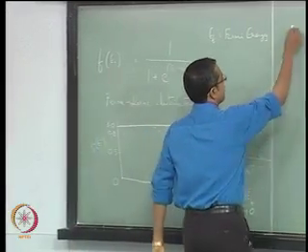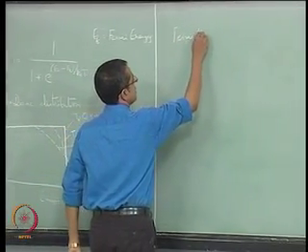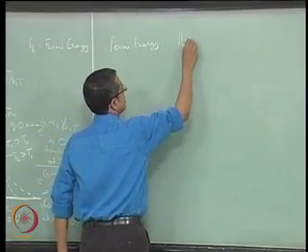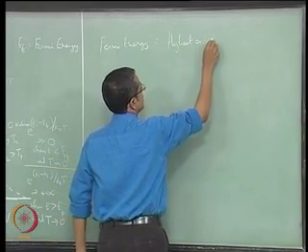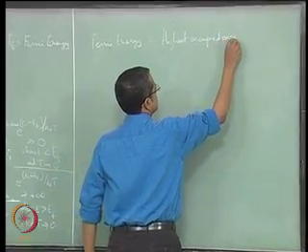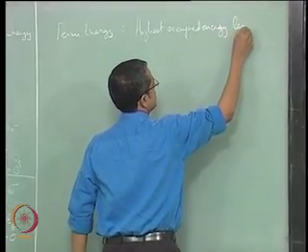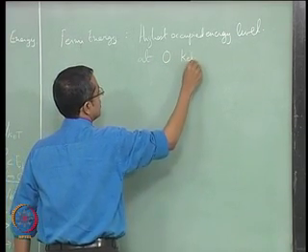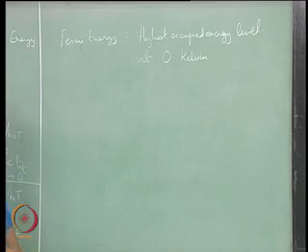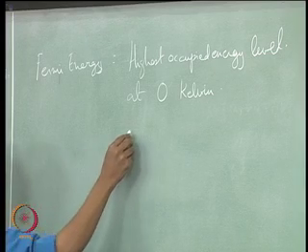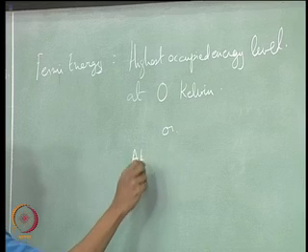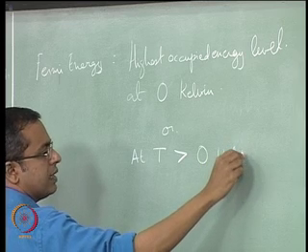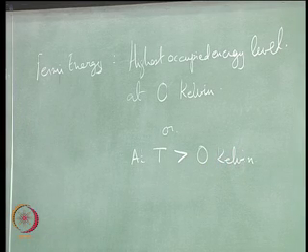So Fermi energy we will define, it is the highest occupied energy level at 0 Kelvin, and at the same time, or the other description, at temperatures greater than 0 Kelvin, at any temperature greater than 0 Kelvin, when energy is equal to EF, E equals EF.